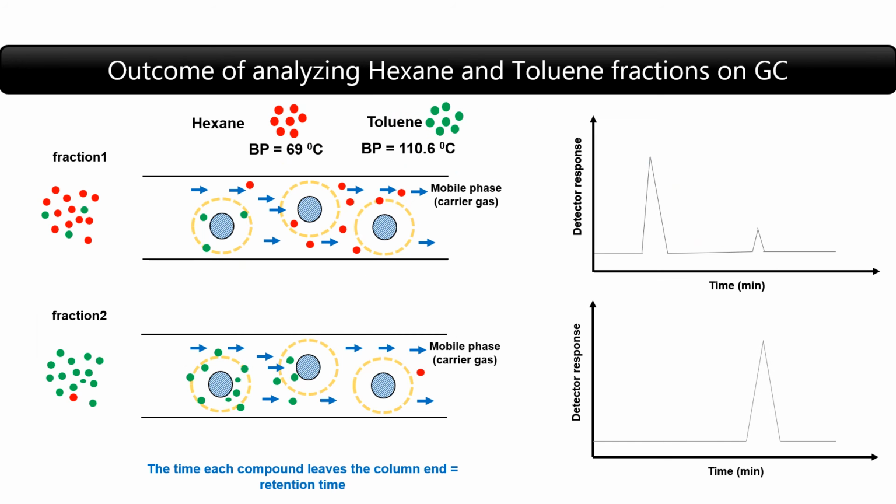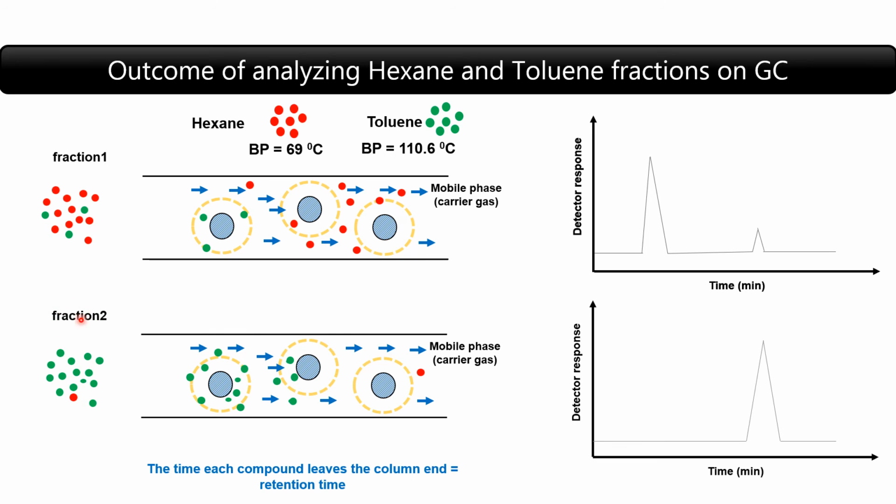Now, if we apply what we learned in the previous slide to our experiment of separating hexane and toluene, remember the two fractions that we collected through Hickman-Still distillation? Fraction 1 would contain mostly hexane and maybe a little bit of toluene, because a little bit of toluene might have started to evaporate by the time hexane was boiling.